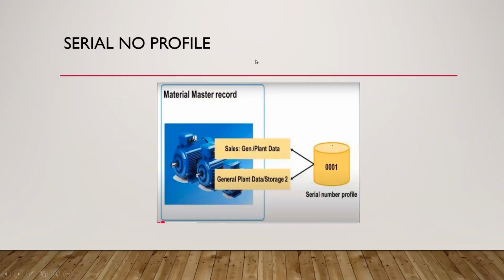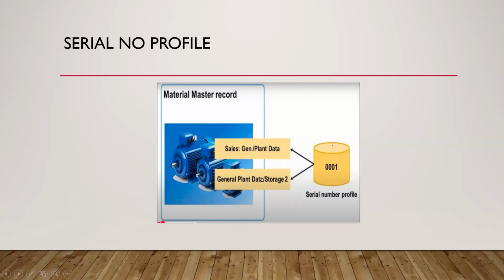So this serial number profile, which is a four-digit alphanumeric character, we will enter in general plant data or storage tab in the material. When we create the material, we will use that in this field.